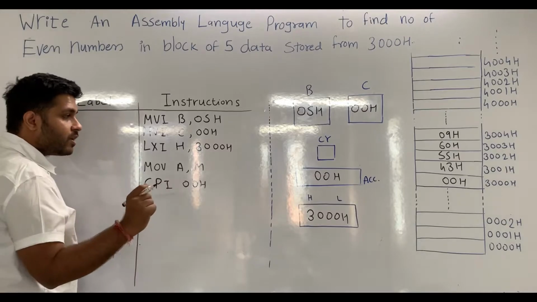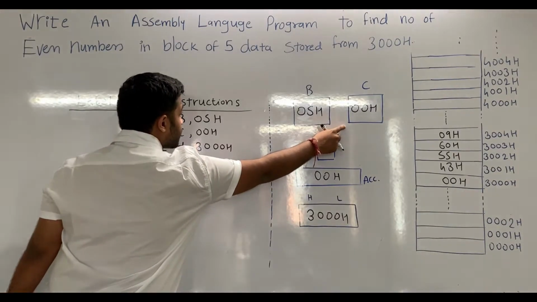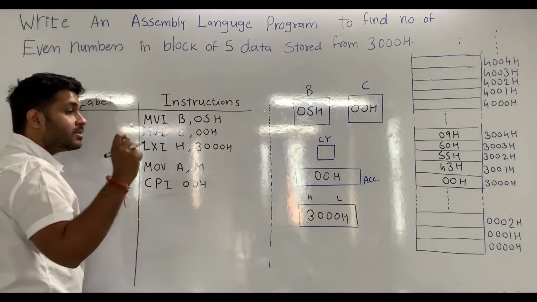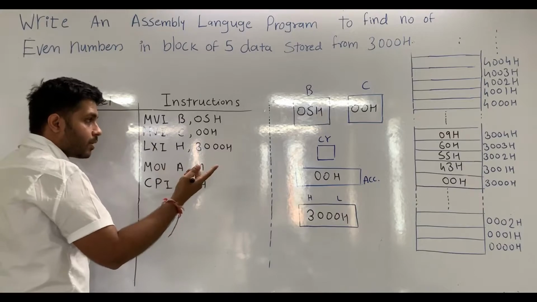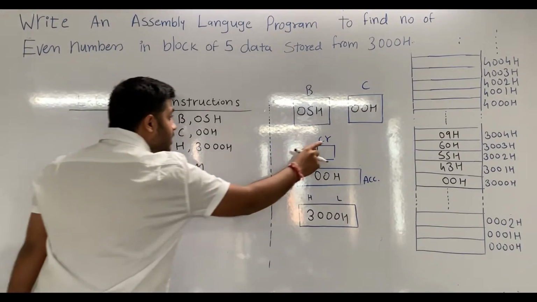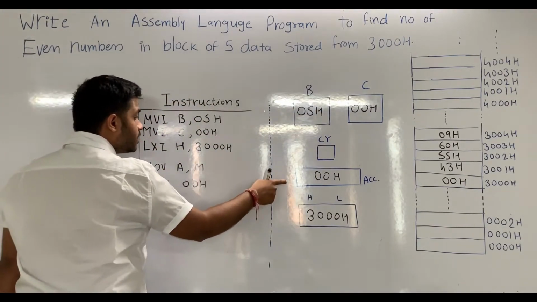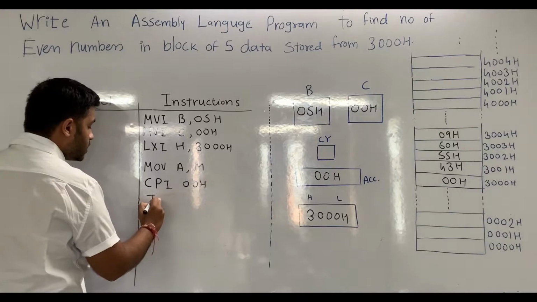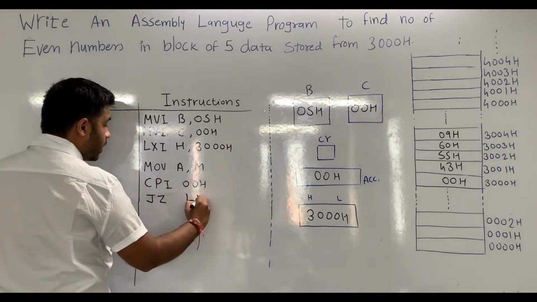So when the zero flag is set, we are not going to increment the content of C, because we increment register C only when we find an even number. Right now the number is 0, so we will use the instruction jump if zero to L1.